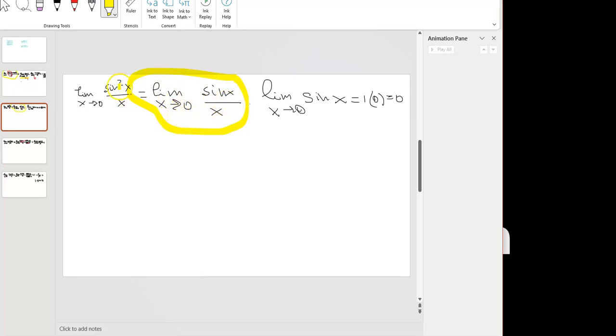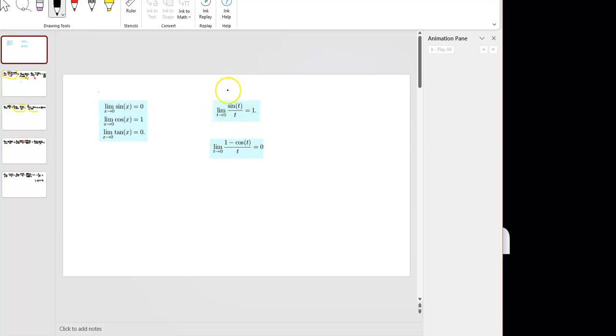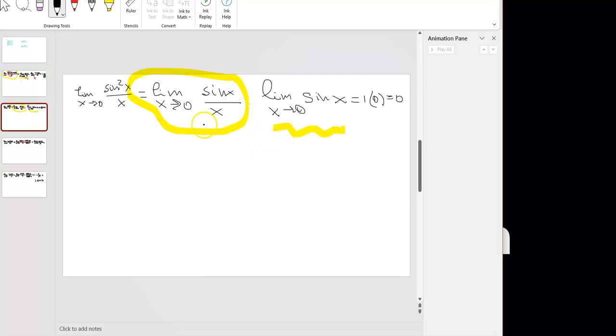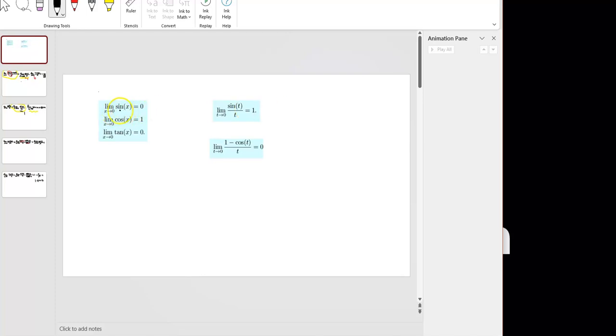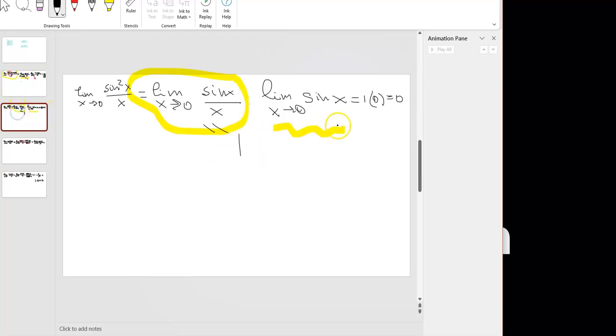You can see that there was sine squared, so one sine is here, and one more sine from sine squared is left over here. And now we just look at the first slide. The first limit is 1 because of this expression, and the limit of sine x as x approaches 0 is 0. So again, we have a situation of 1 times 0, and it's 0.